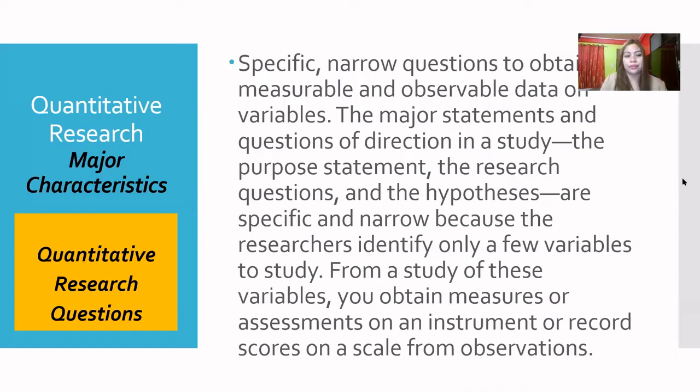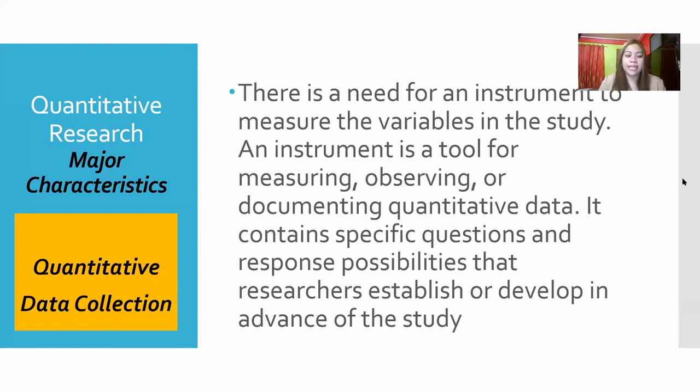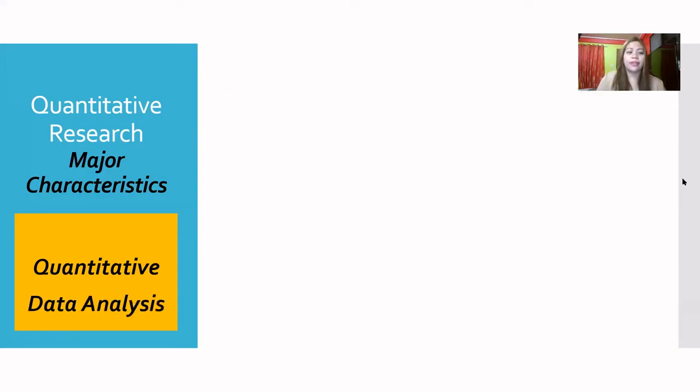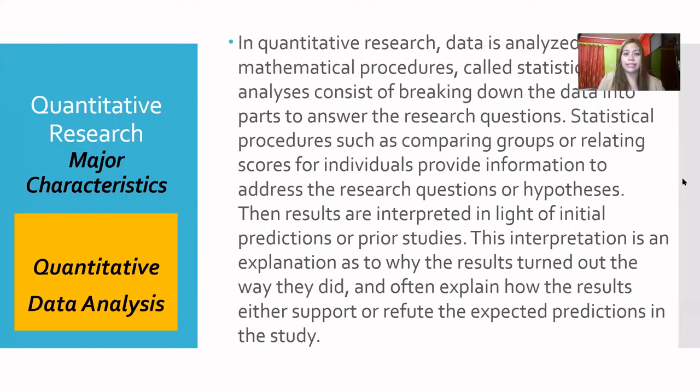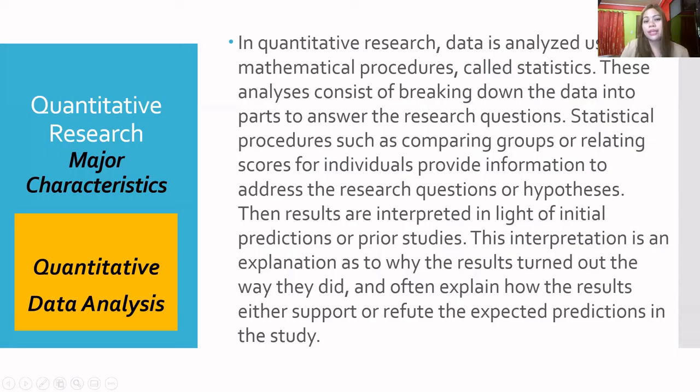From a study of these variables, you obtain measures or assessments on an instrument or record scores on a scale from observations. In terms of quantitative data collection, there is a need for an instrument to measure the variables in the study. An instrument is a tool for measuring, observing, or documenting quantitative data. It contains specific questions and response possibilities that researchers establish or develop in advance of the study. And in terms of the data analysis, in quantitative research, data is analyzed using mathematical procedures called statistics.